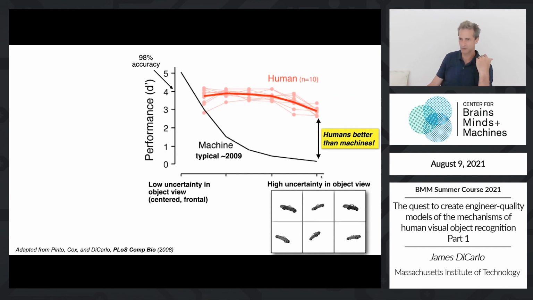So, high uncertainty. Humans have very high performance here, near 98% accuracy, and you fall off a little bit when you get more of this. But machines do quite well in these very aligned situations, and then they fall off even more rapidly than humans when you get to these high uncertainties.